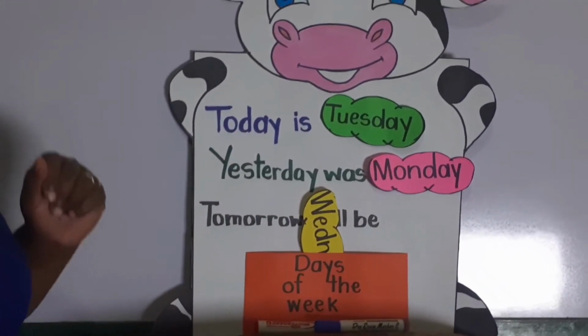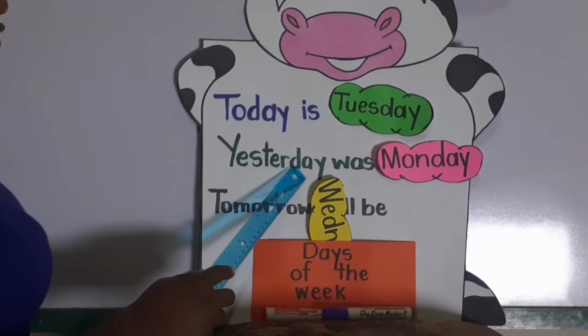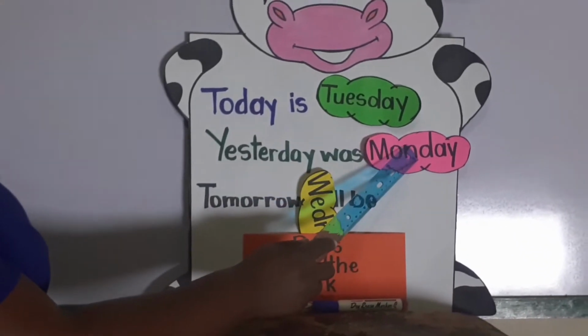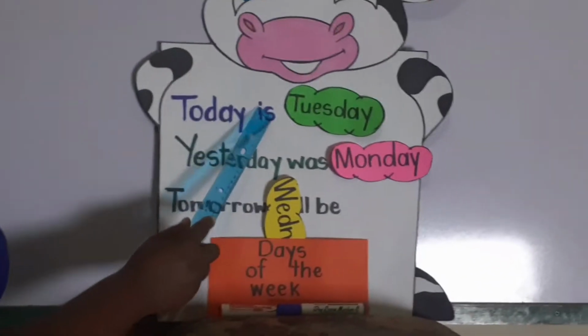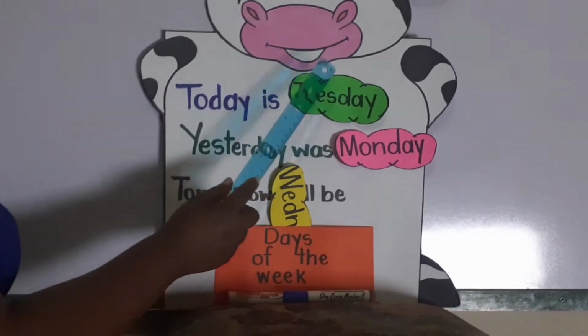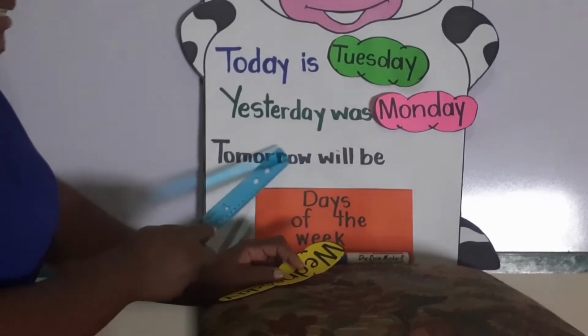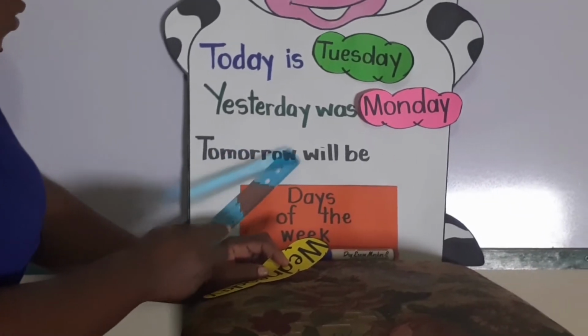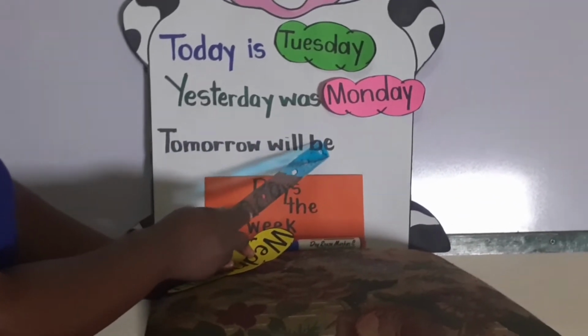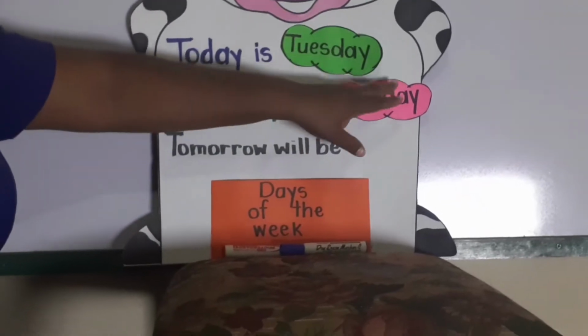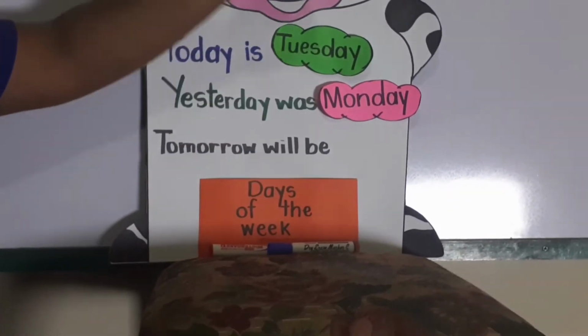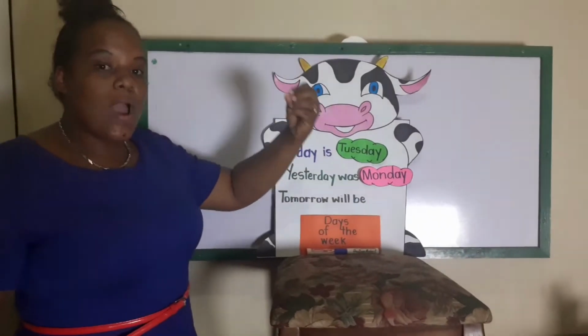So let's go again. Let's read together again. Yesterday was Monday. Today is Tuesday. Tomorrow, this big word is tomorrow will be. So we have Monday, Tuesday, Wednesday.